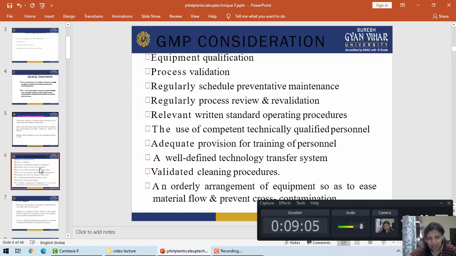All these things are related to the GMP consideration. Now we'll take it one by one.